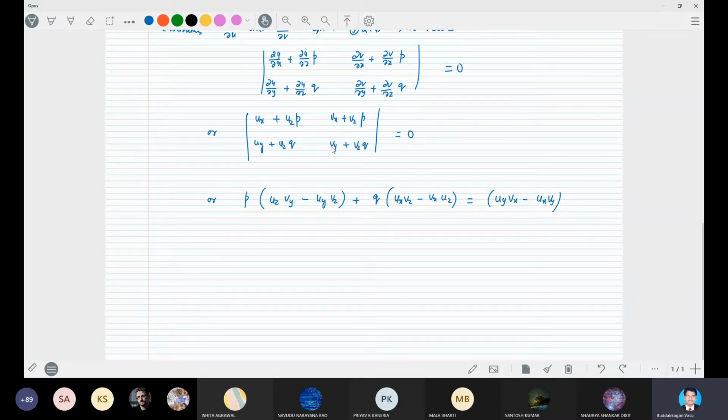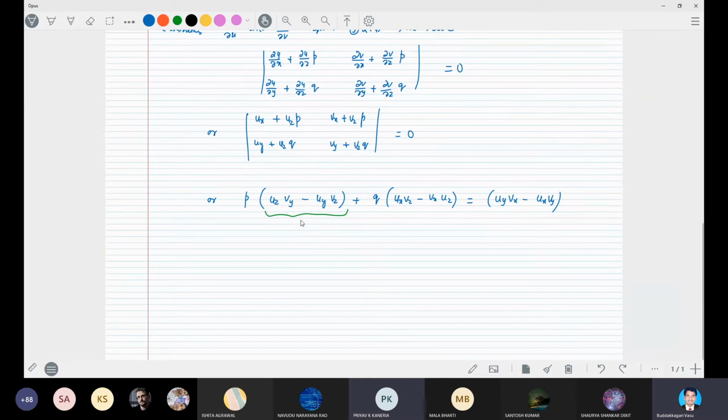You can get it once you find out its determinant, AD minus BC, and rearranging them it will give you this form. See, u is a function of x, y, z, then ux, uy, uz, vx, vy, vz are their derivatives, right?